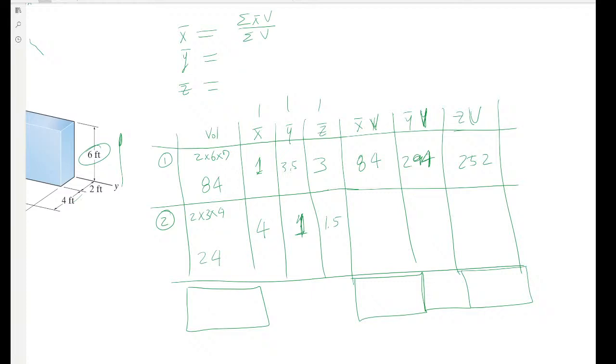Okay, now 4 times 24 goes here. I should know that, but I just want to make sure. 1 times 24, that's easy. 1.5 times 24, that should be 36.